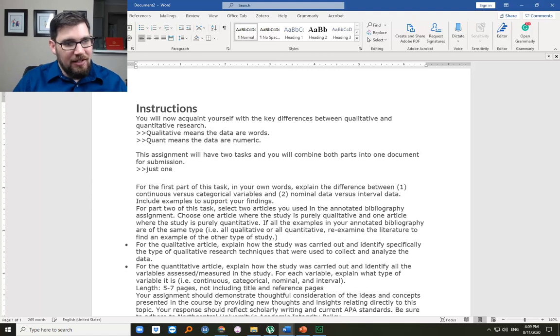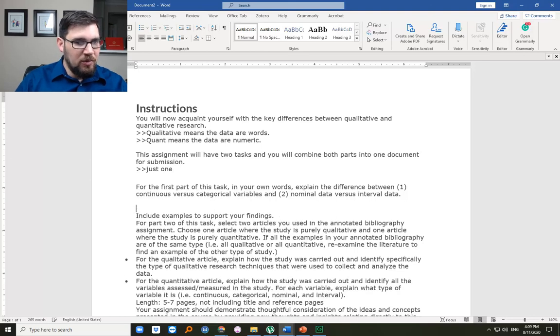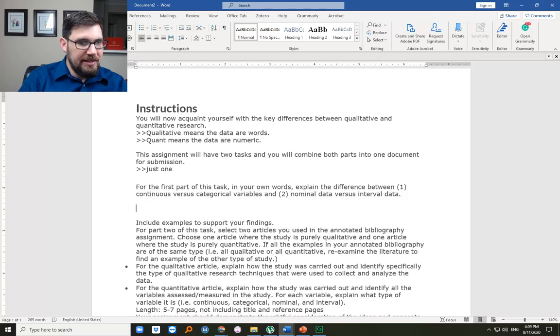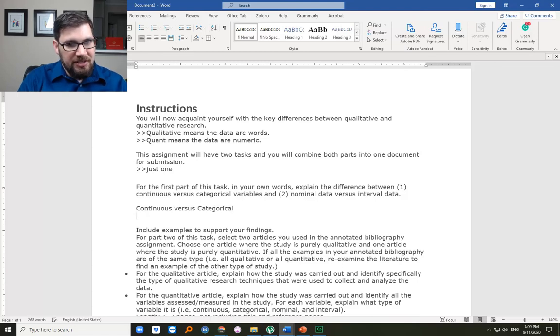Just one. Alright, for the first part of this task, in your own words, explain the difference between continuous versus categorical variables, and, secondly, nominal data versus interval data. So what you want to do is say continuous versus categorical, and have a section here.